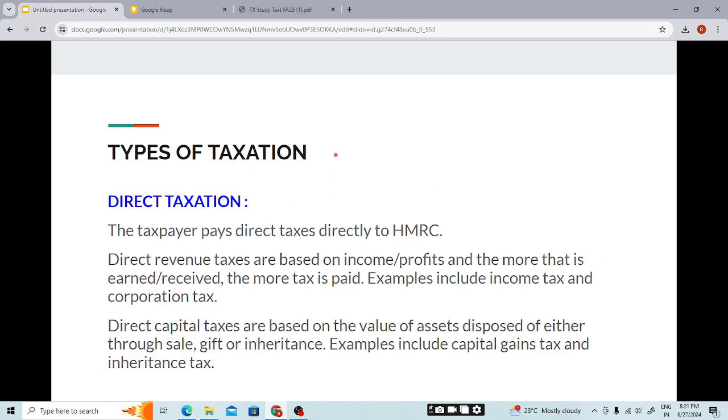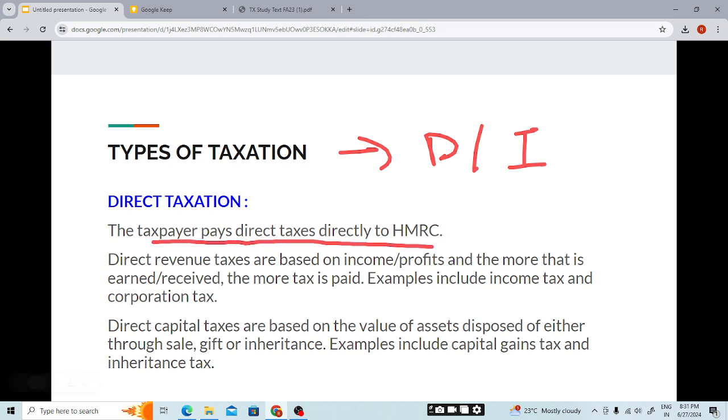As I mentioned earlier, there are two types of taxes, direct and indirect taxes. In the orientation lecture, I mentioned direct taxation and indirect taxation. We'll be studying the difference between direct tax and indirect tax. As the word direct suggests, the taxpayer directly pays to the HMRC.